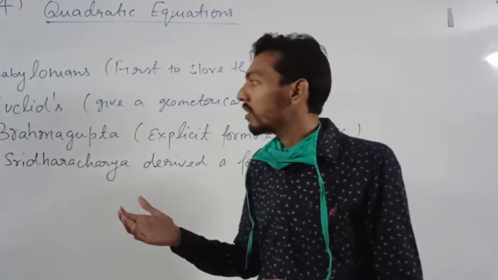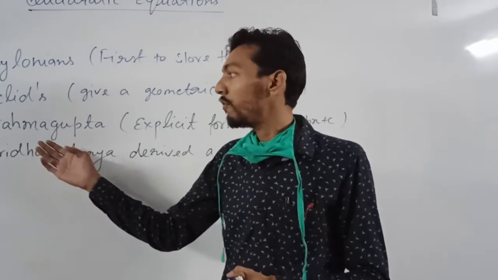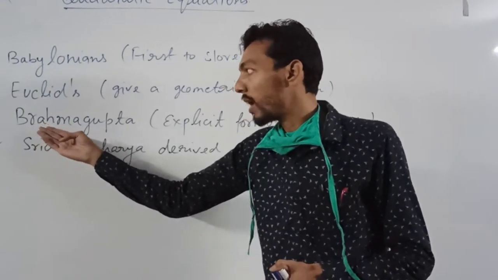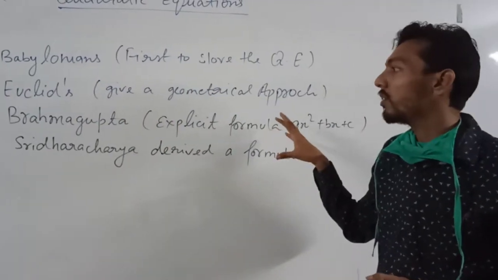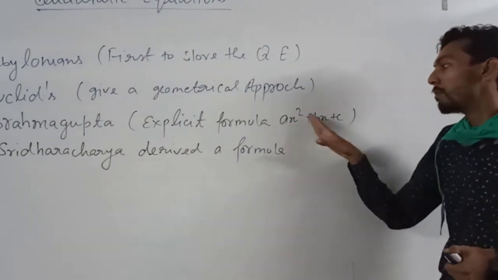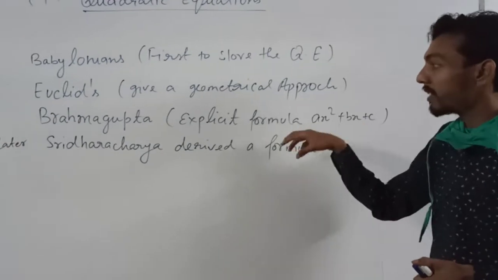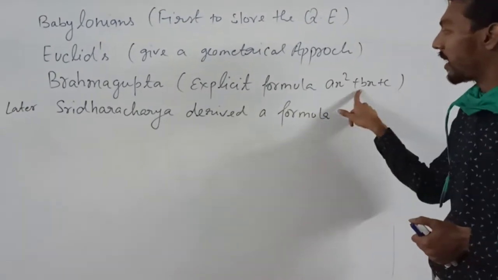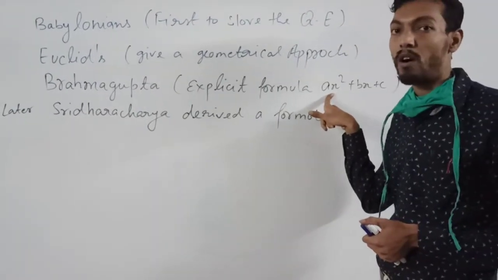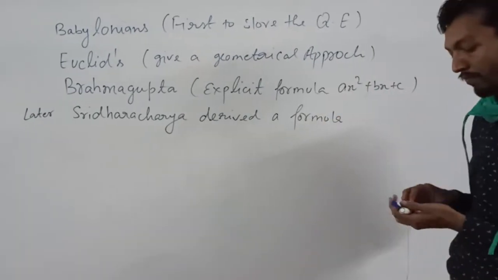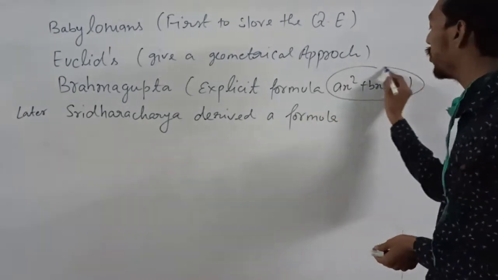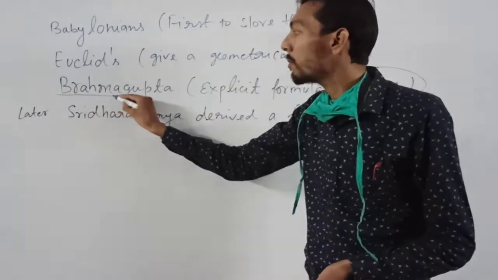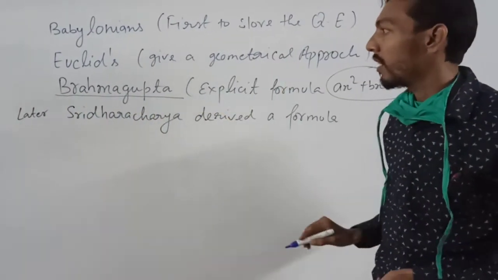After some time, an Indian mathematician and philosopher named Brahmagupta explained the formula in the form of ax square plus bx plus c. At that time, we used this as the standard form of the quadratic equation. This important formula was given by the Indian mathematician Brahmagupta.